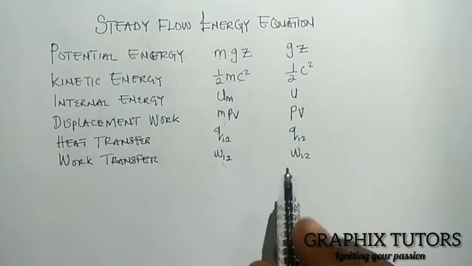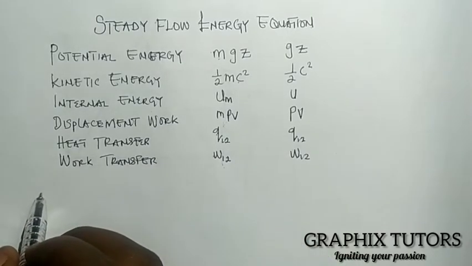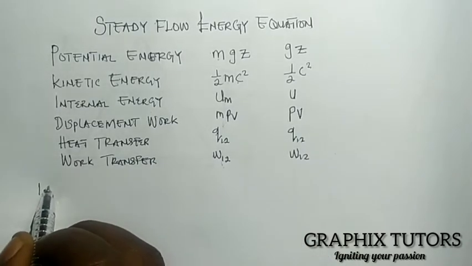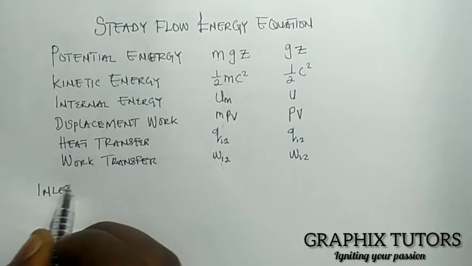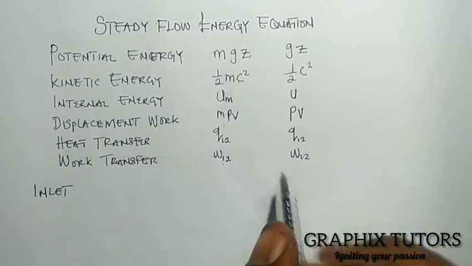Now, when a liquid flows through a pipe or a system, we have what is called the inlet section. We'll call it the entry. In the inlet, all this flow will continue.